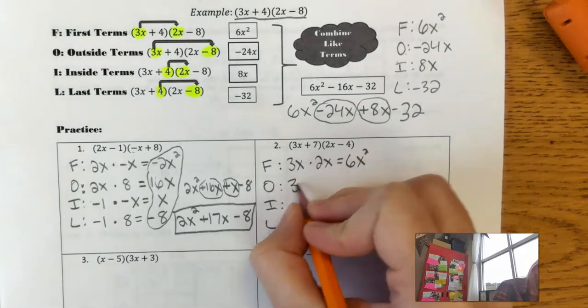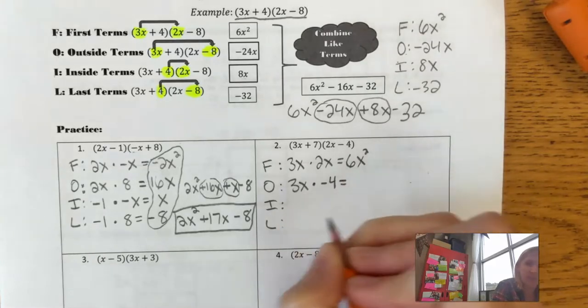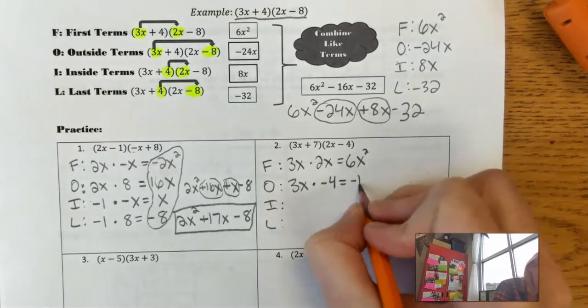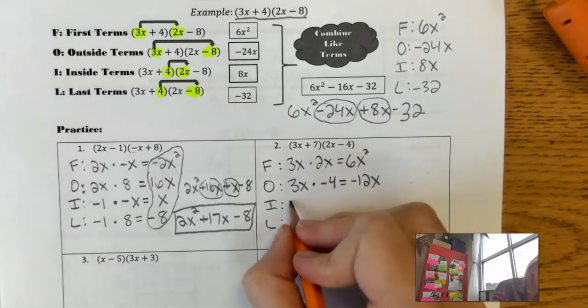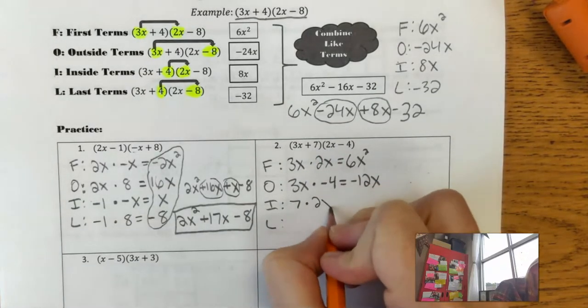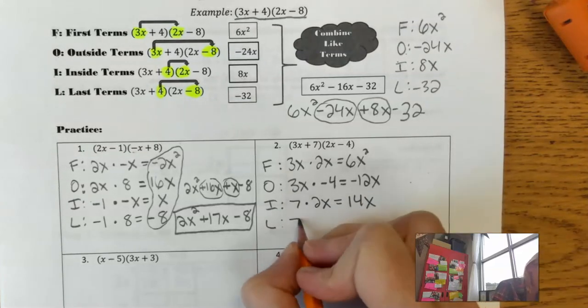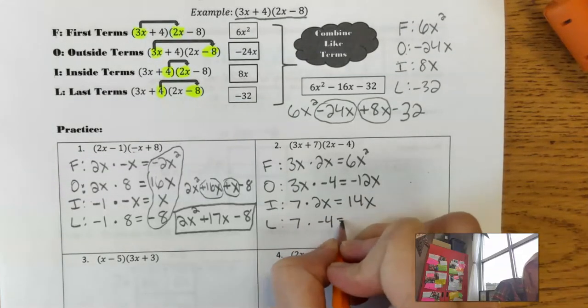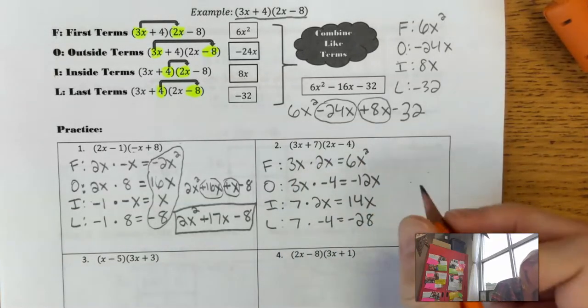My outer 2 terms are 3x times -4 which will give me a negative 12x. And then my two inner terms. 7 times 2x, which is 14x. And then 7 times negative 4 are my last terms, which gives me negative 28.